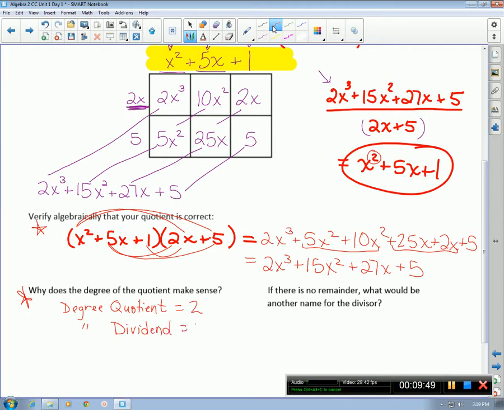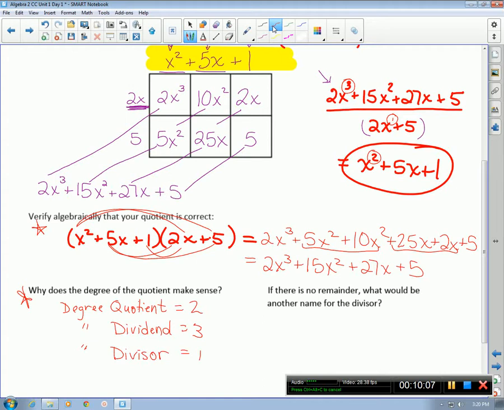It was 3. And the degree of our divisor was 1. So here was the 3 in the dividend, and the divisor was 1.